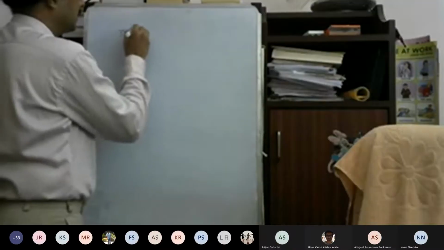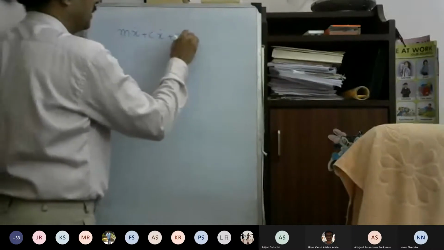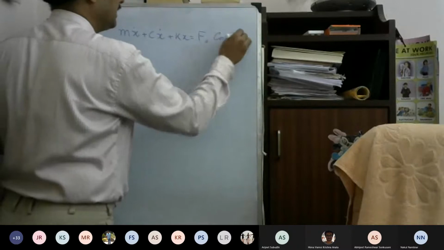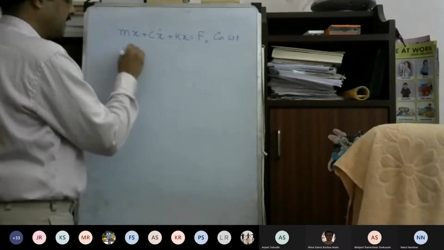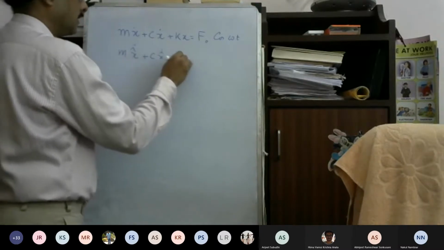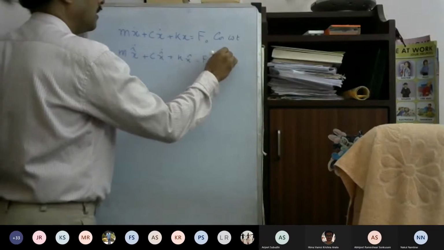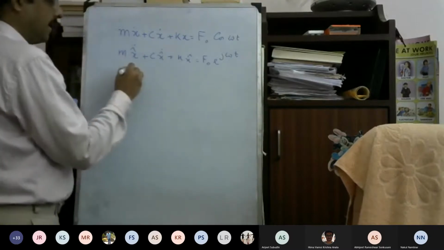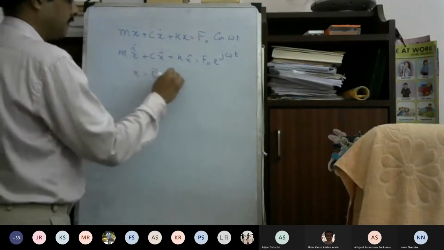Equation mx double dot... if not cosine omega t or sine omega t, or in general, what we are doing is studying the problem x hat dot... omega t and x equal to the real part of.